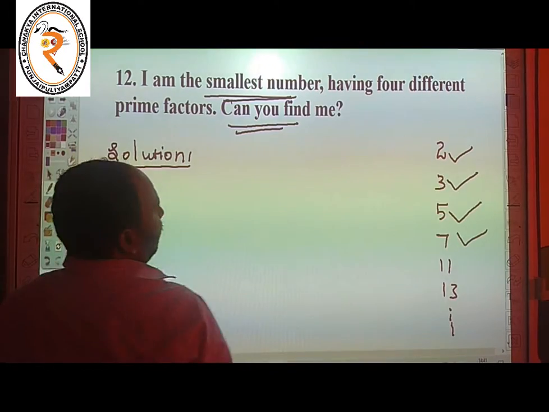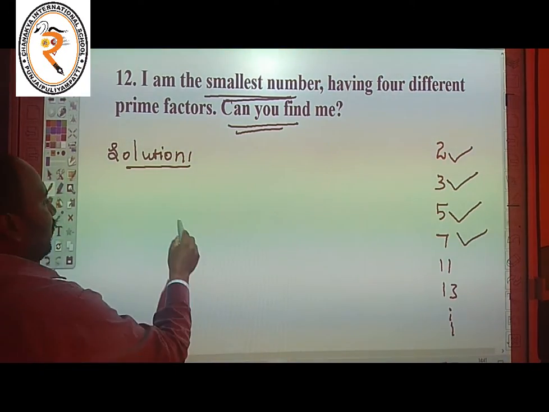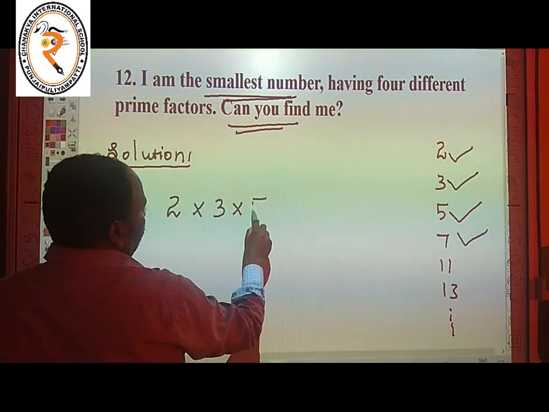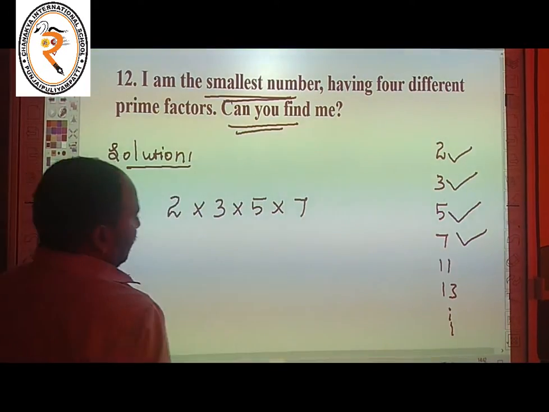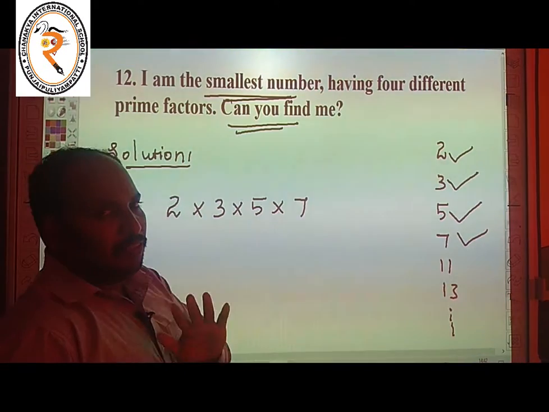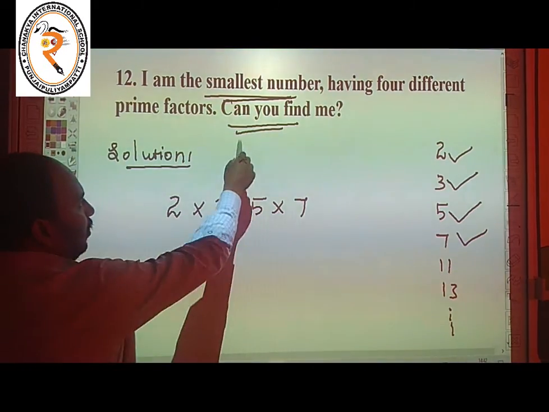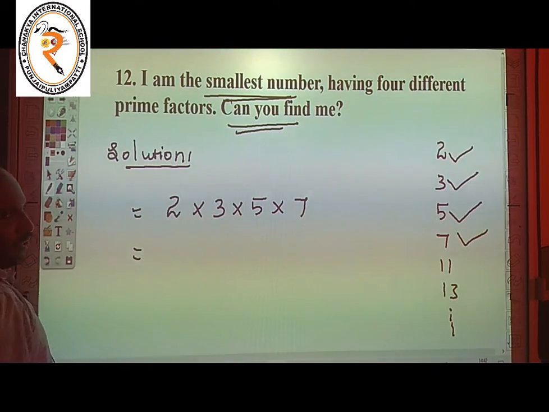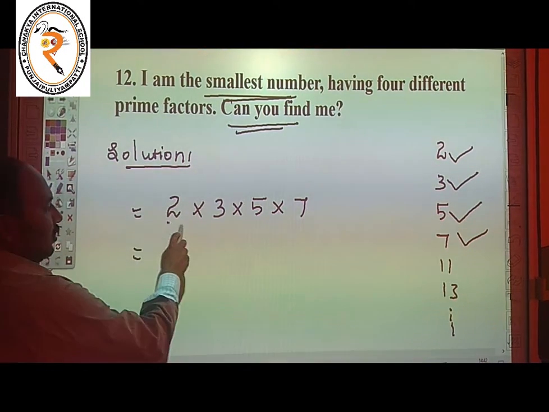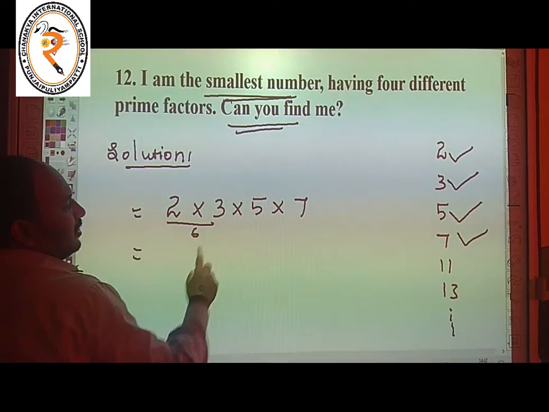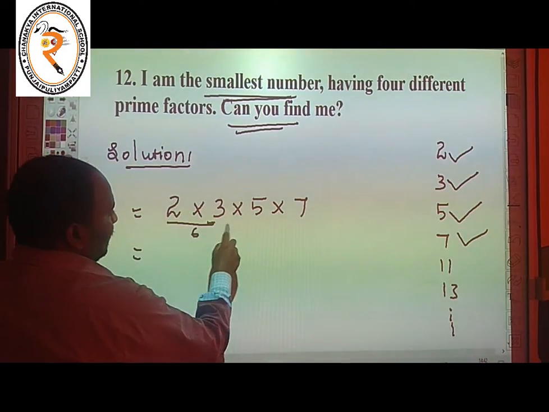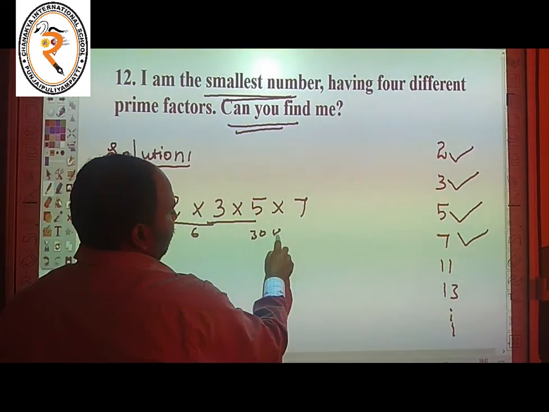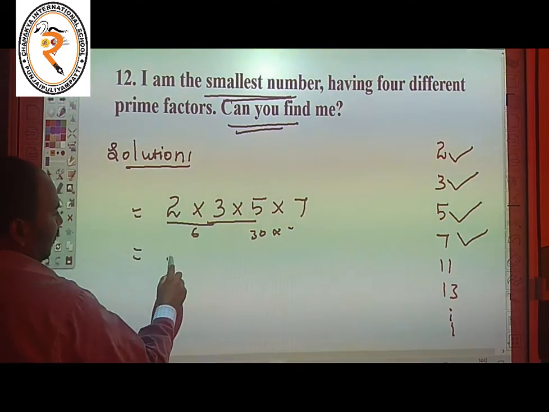Second part: can you find the number? The 4 different prime factors are 2, 3, 5, 7. So you multiply: 2 3s are 6, 6 5s are 30, 30 into 7 is equal to 210.